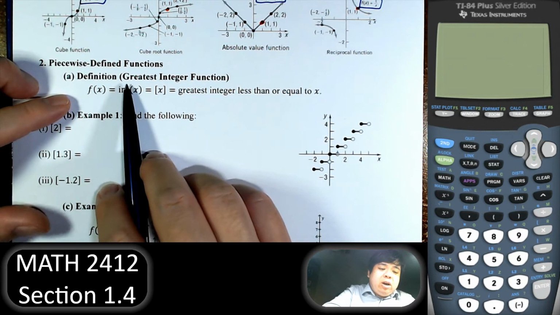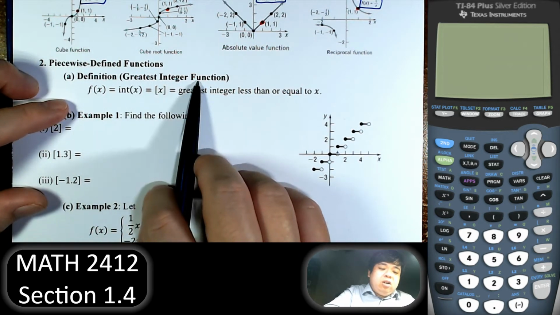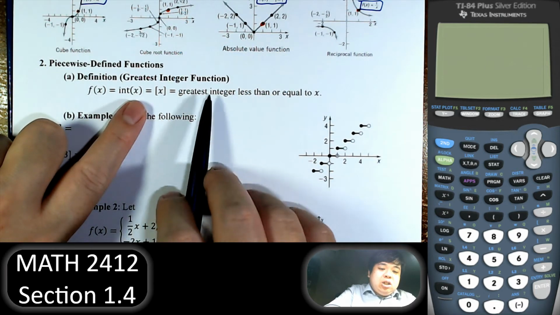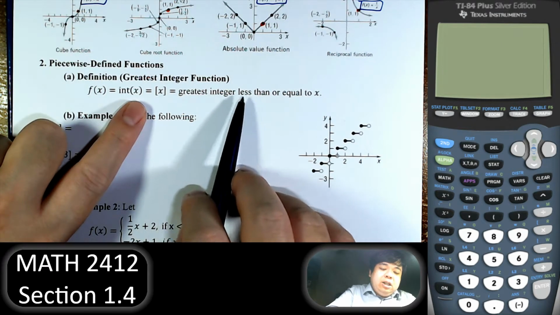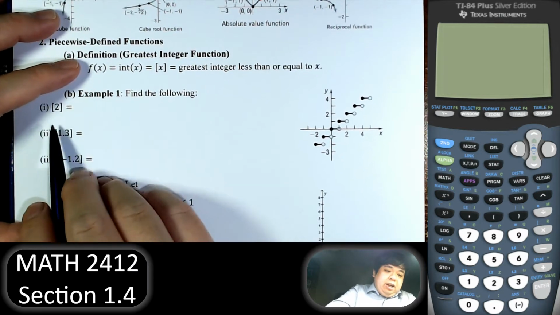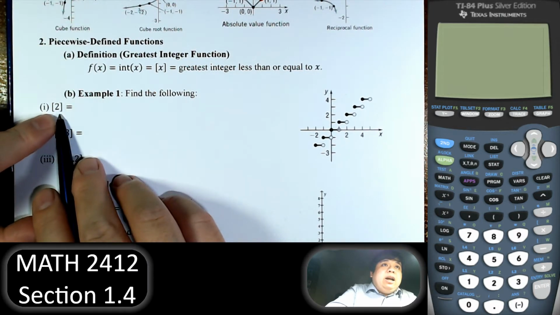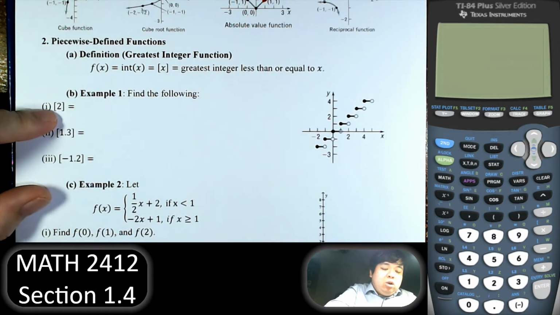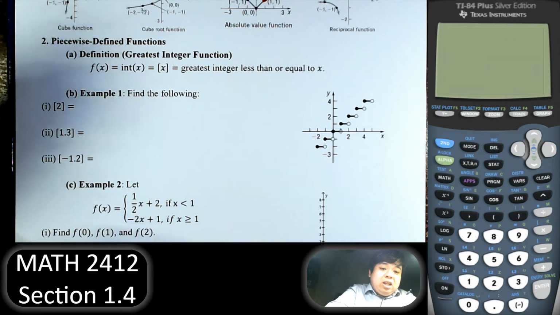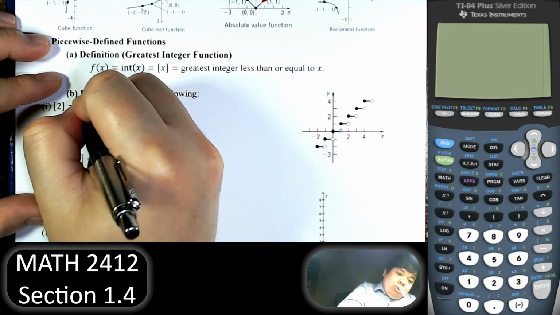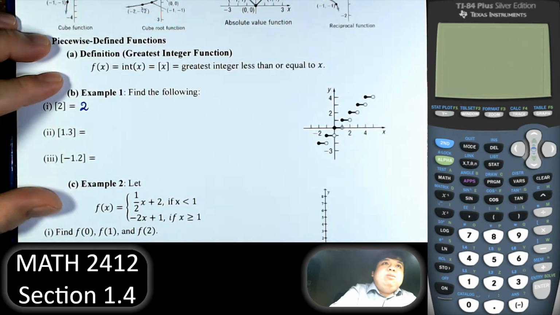The first one is the greatest integer function. When we have a number, we take the greatest integer that is less than or equal to it. The notation is the bracket of that number. So the bracket of 2 means the greatest integer that is less than or equal to 2, which of course is 2 itself.